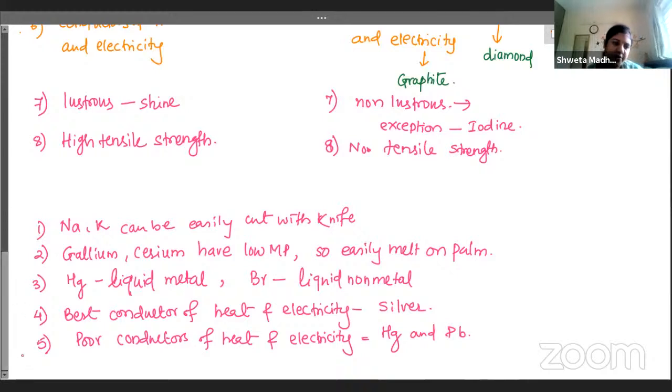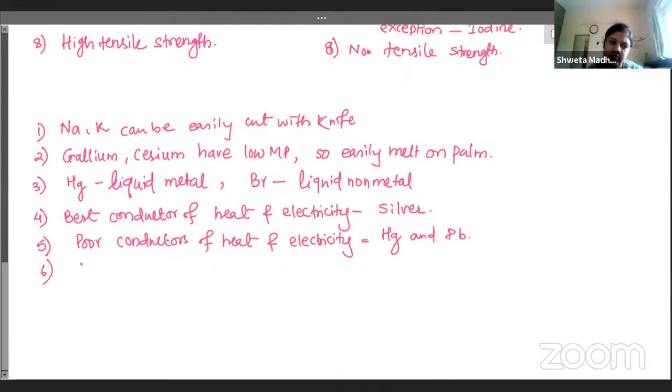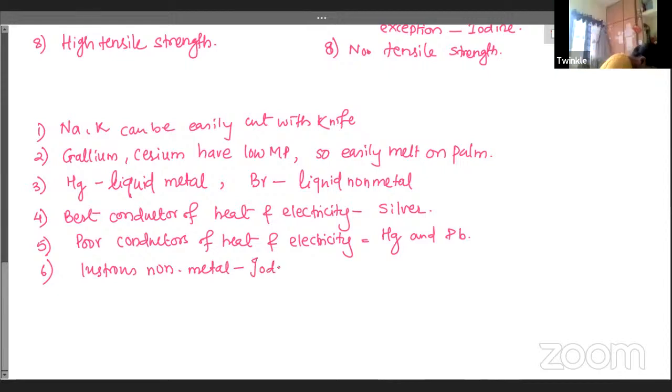Iodine is a lustrous nonmetal. It is found in the form of crystals, which are purple crystals.